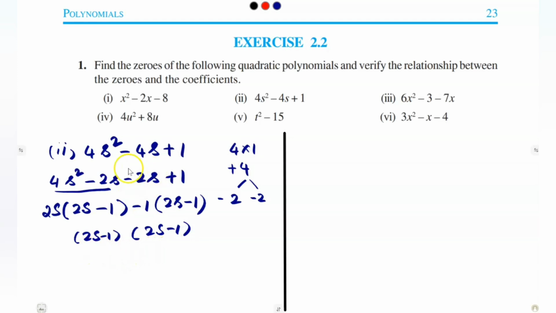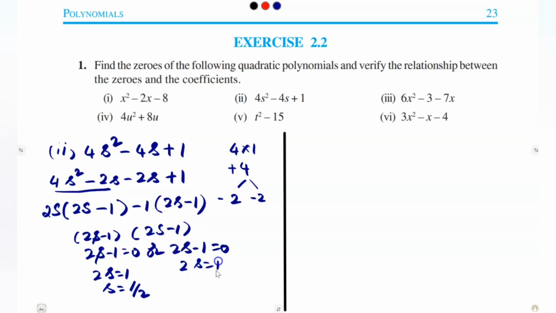If this polynomial should be 0, we need 2s minus 1 equal to 0 or 2s minus 1 equal to 0. Both are the same. So 2s is equal to 1, or s is equal to 1 by 2. Here also the same.